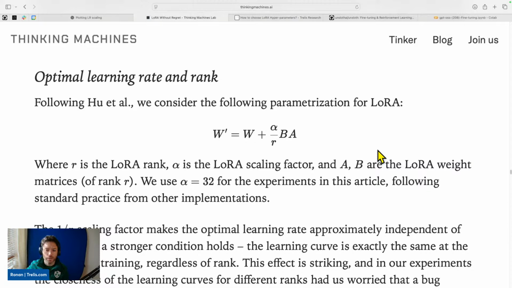So if you want to skip the rest of the video, and I'm skipping some of the key insights from this paper and then the blog I made, you're probably not going to go too far wrong. If you've got a small amount of data, use a rank of 8. And by small, I mean up to probably 30,000 rows of data.